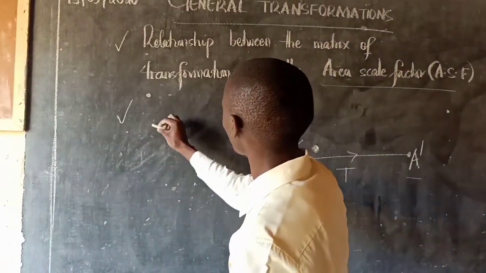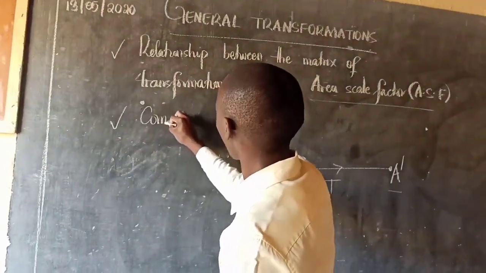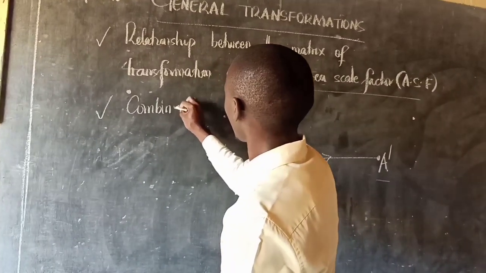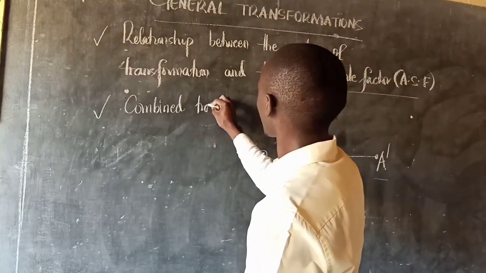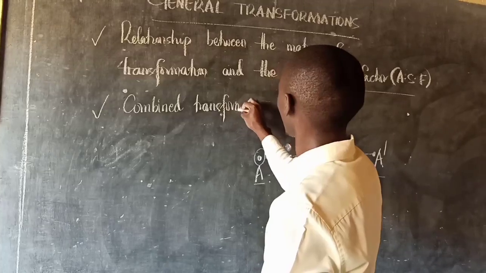Secondly, outside that relationship, we have what we call the combined transformation case.